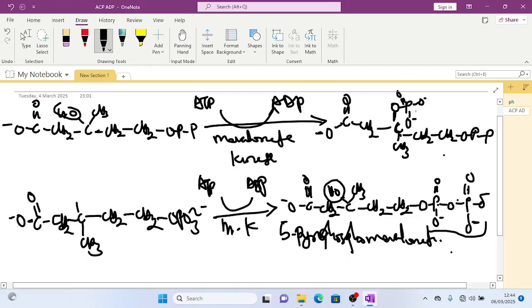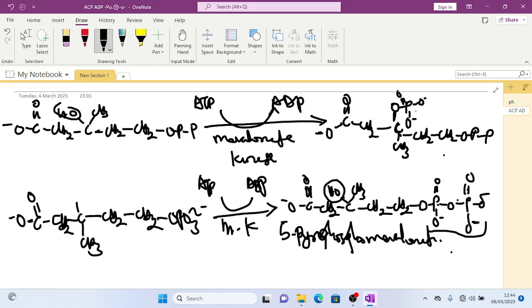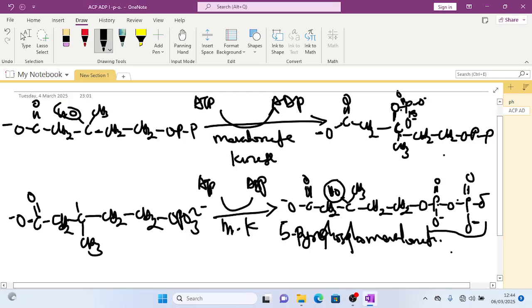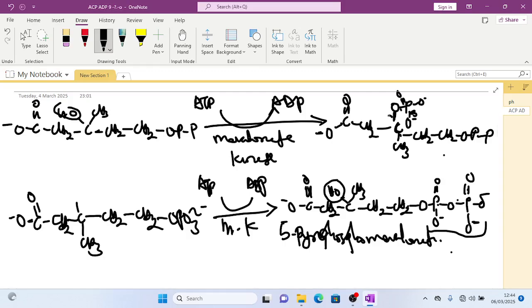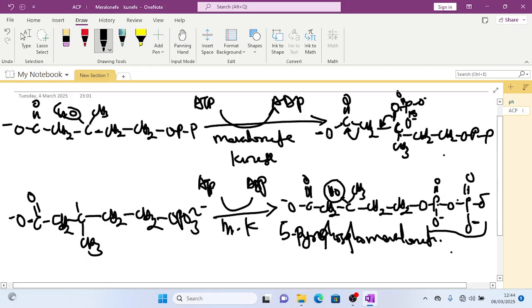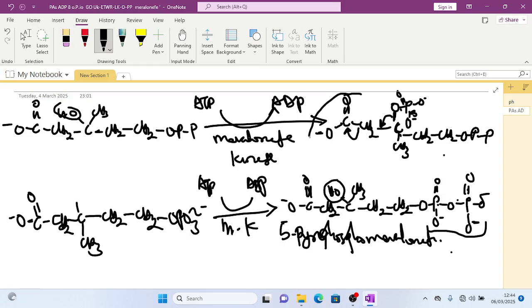Now something special happens here, and it's going to be a kind of cleavage reaction. What will happen is that this negative charge here is going to combine there, and that will cause this bond here to break. So it will resonate in this direction, and that will cause this bond here to break also, releasing this carbon dioxide.